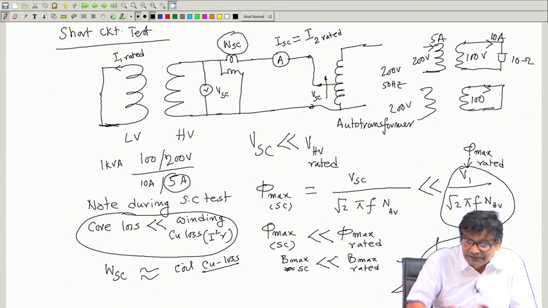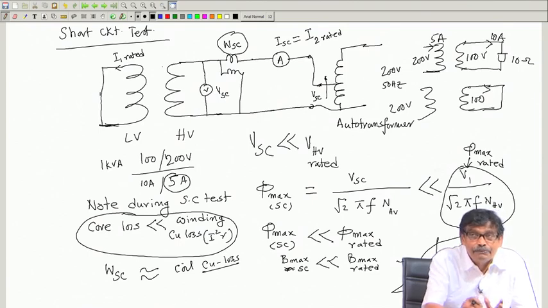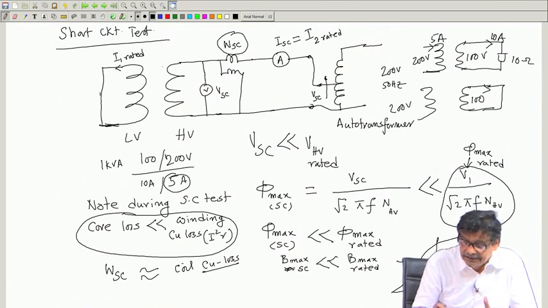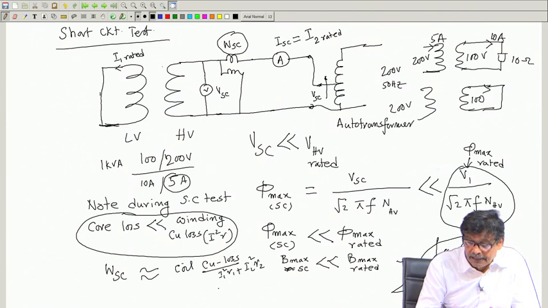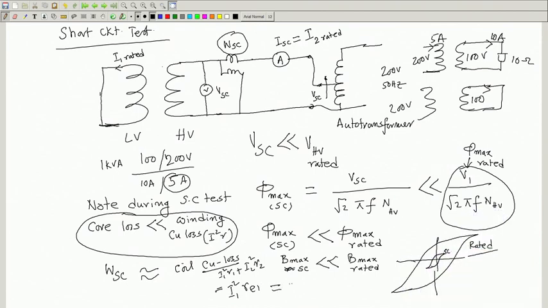So, copper loss, copper is used to make the primary and secondary. So, copper loss will be I 1 square R 1 plus I 2 square R 2, and you must understand by this time this is the same as I 1 square R e 1, if you express everything in terms of I 1, and which is the same as I 2 square into R e 2.